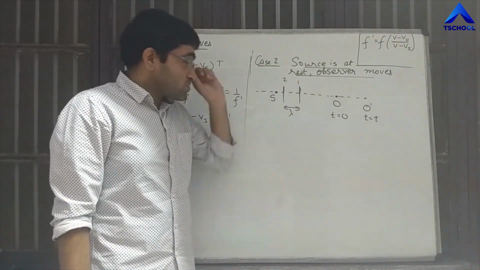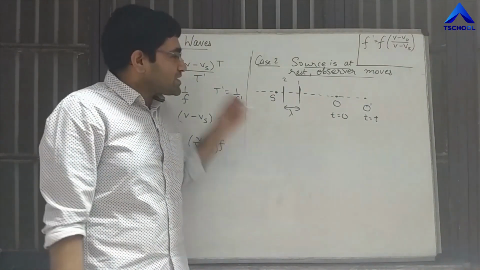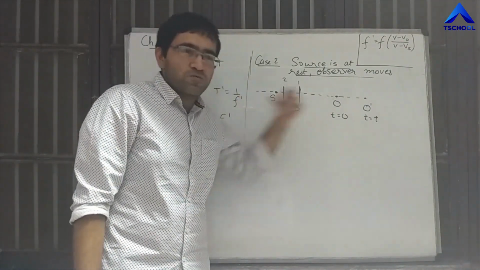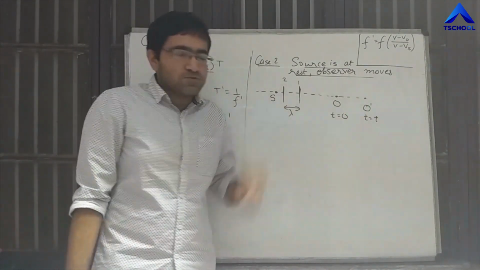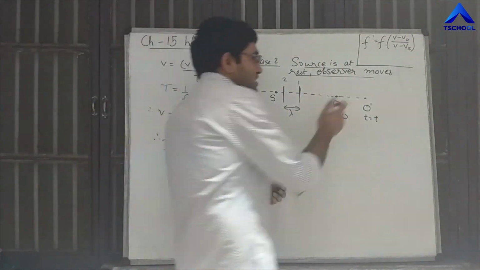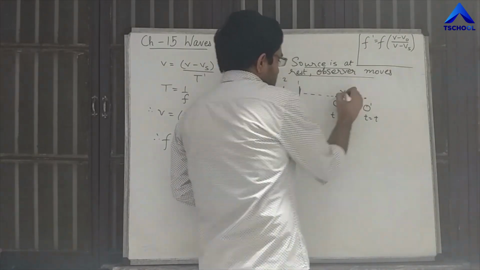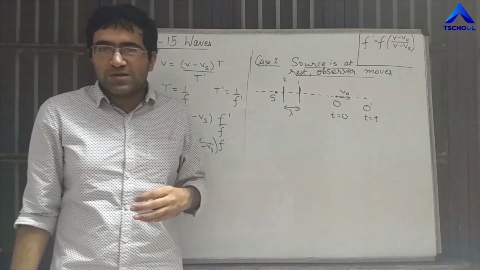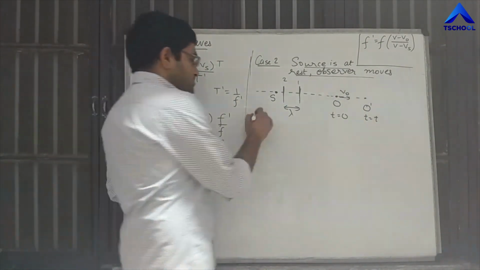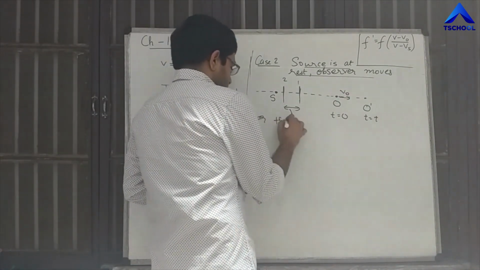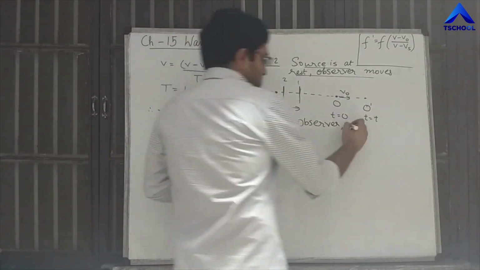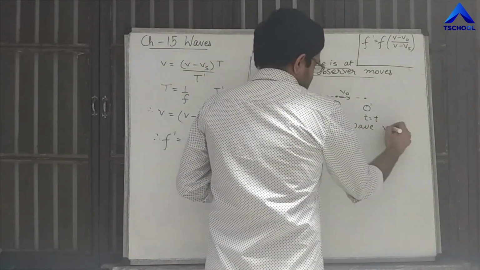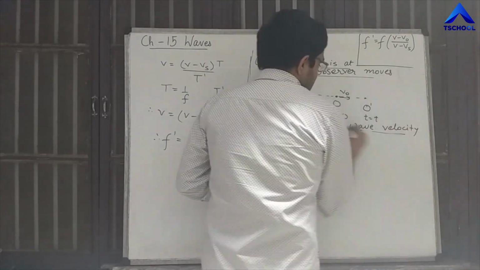Now I want to talk about the wave velocity. The source is going to emit sound with speed v. That sound is going towards the observer, but because the observer is moving, let's say towards the right side with the velocity vo, for the observer the wave velocity is actually the relative velocity of the wave.